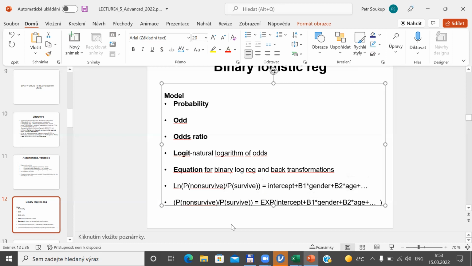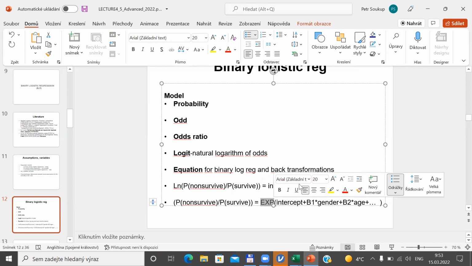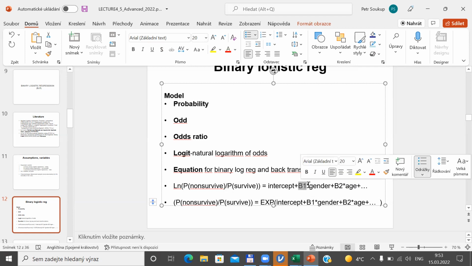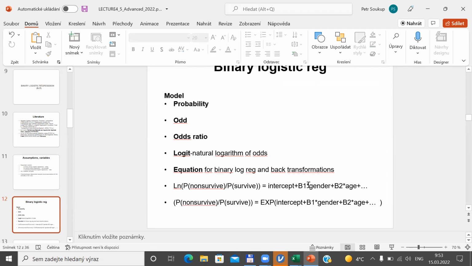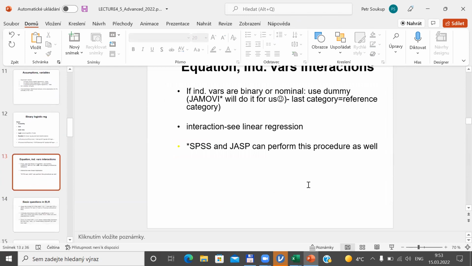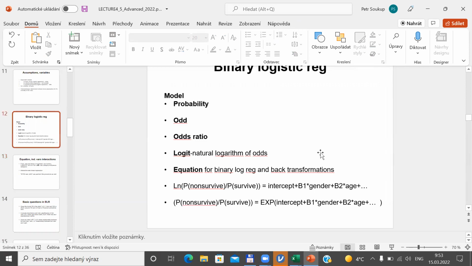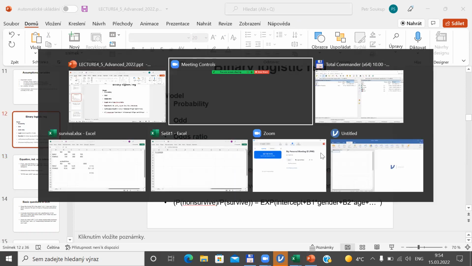So that's the first step for us. And once again, we know that we would be exponentiating all these individual coefficients, or once again, packages such as Jamovi, JASP, or SPSS will do it for us. I hope so. So that's promising, and we will discuss later about next steps, but I would propose currently to open Jamovi.